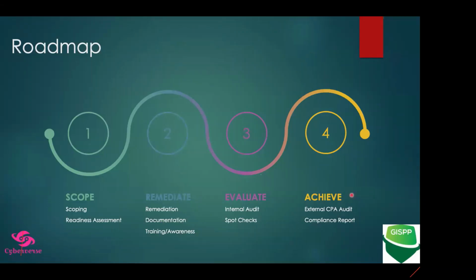Again, we are not a CPA accredited firm, so we can't do the report writing, but we do readiness assessments, gap assessments, spot checks, etc. That is something we definitely do as part of our consulting and advisory services. So we generally follow a similar roadmap, a 4-step process starting from the scope. First we have to establish the scope based on the 5 trust services criteria that we discussed.